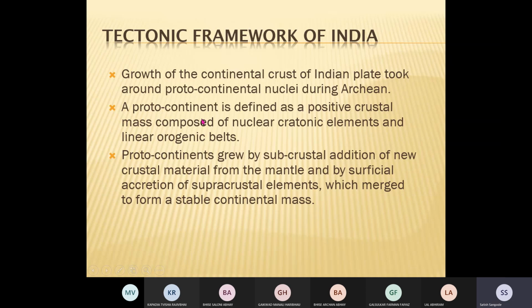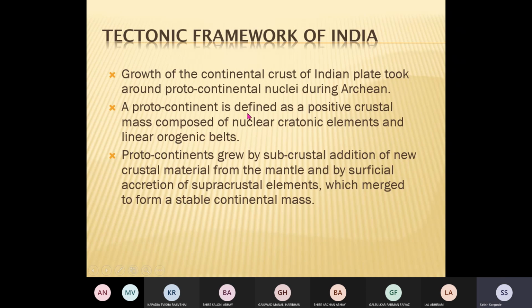So that early Archean India we can call a proto-continent. And so it remained a continent for a longer time. Several episodes of oceanic sedimentation are there, but overall it remained a positive crustal mass.